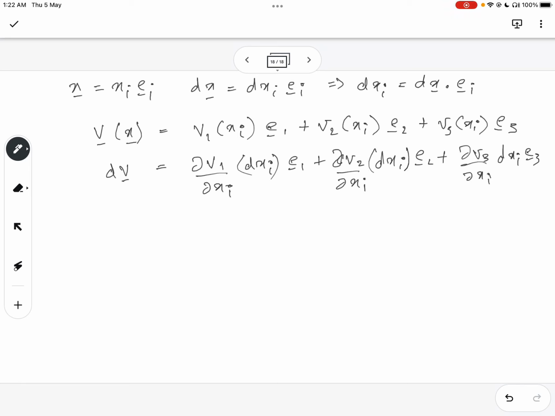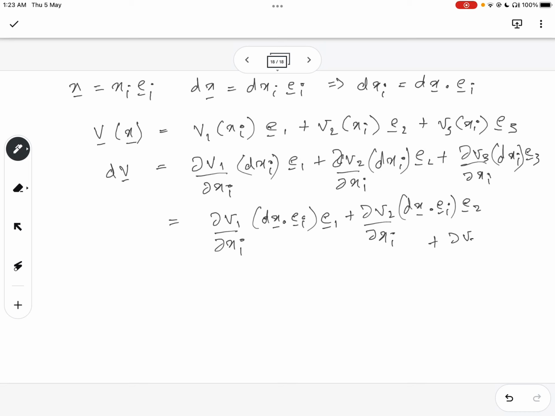The dxi's can be replaced with dx dot ei. Therefore, this becomes del v1 by del xi dx dot ei e1 plus del v2 by del xi dx dot ei e2 plus del v3 by del xi dx dot ei e3. Combining the terms, you can write this as del vj by del xi dx dot ei ej.